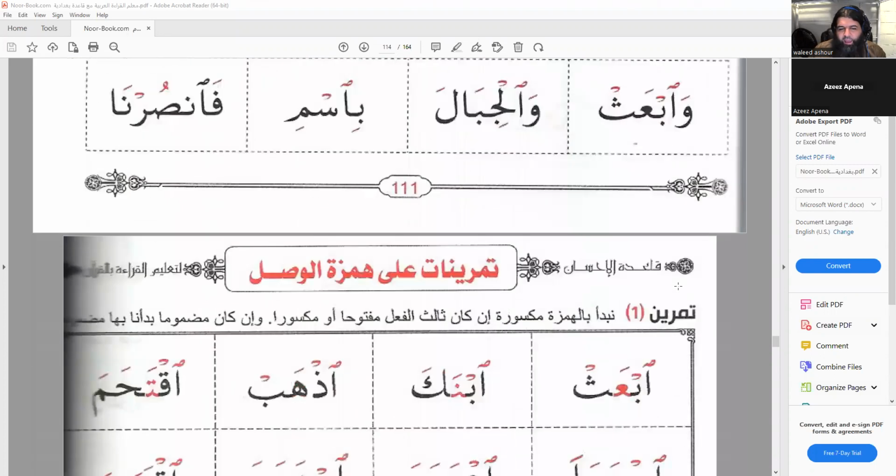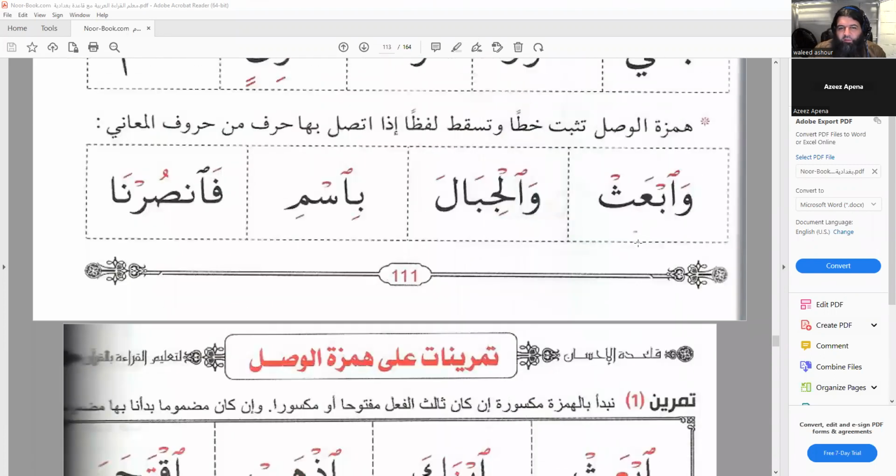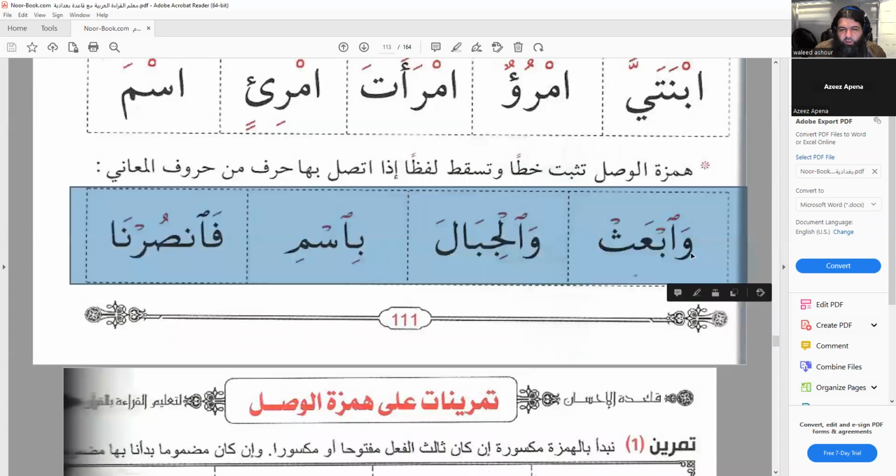Here are the examples. You have a letter, then hamzatul wasl, and then the rest of the word. So here we're going to say waba'ath, as if there's no hamza here. It's as if we erased this alif with the hamza on it.